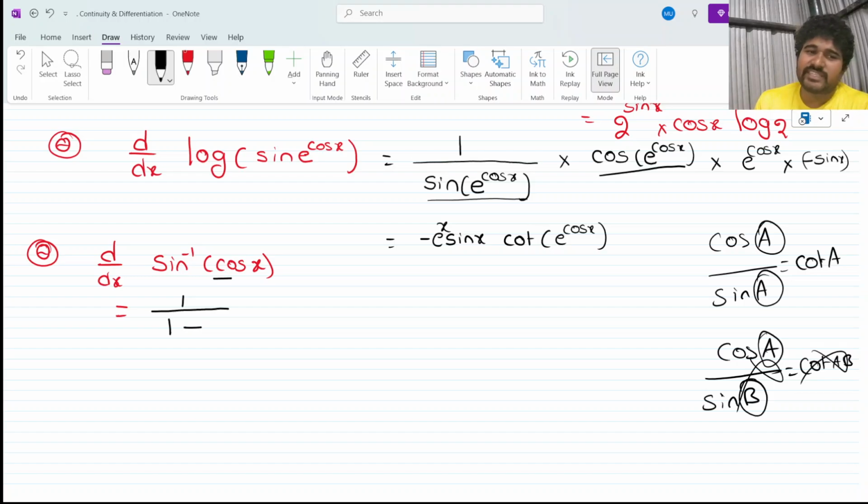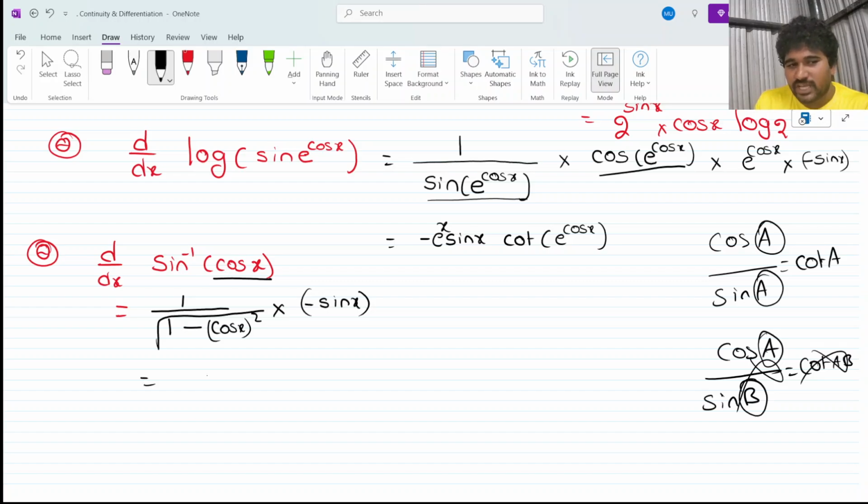But sine inverse, it is not just x, it is something. Who is that something? Cos x. So cos x whole square inside the root, into the differentiation of cos x, minus sin x.